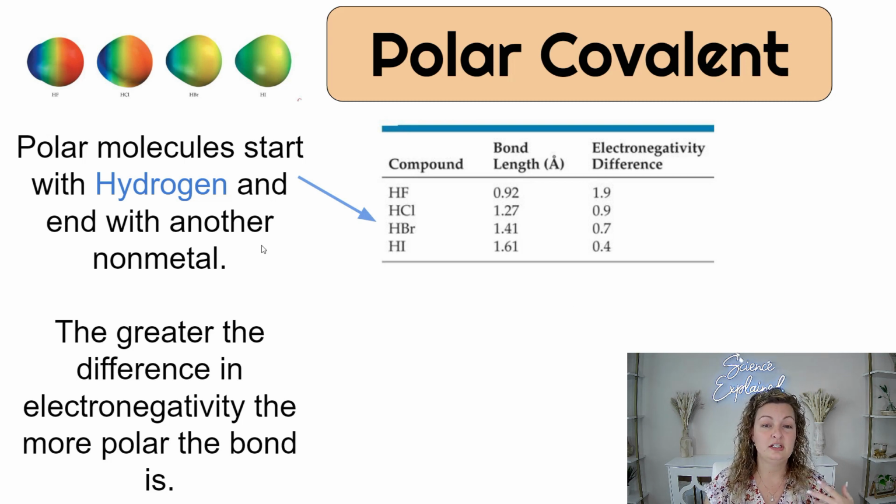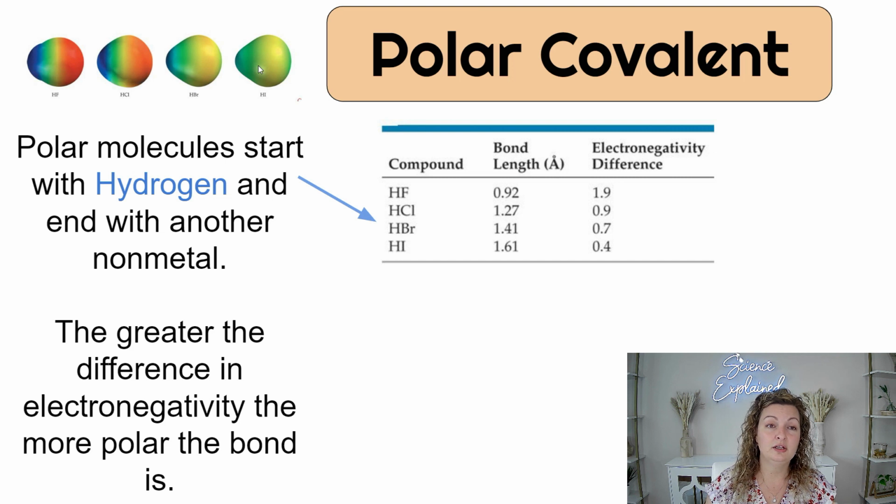So you can kind of see all of these, for example, start with hydrogen. So you can kind of look at them. They're all starting with hydrogen, and then they have a non-metal after that because, of course, covalent's all non-metals, right? And you can kind of see this diagram here. The difference in colors is the difference in electronegativities. So you can see this one is very lightly shaded.